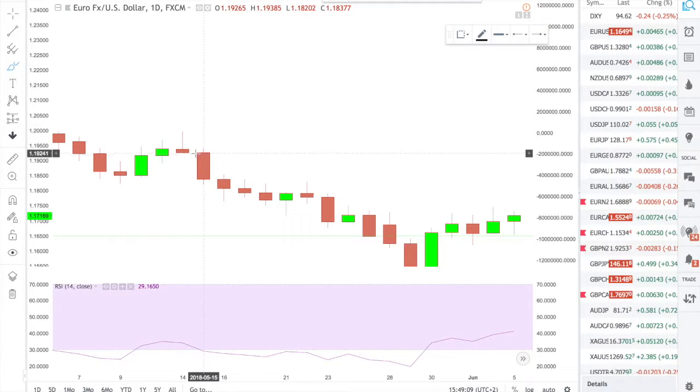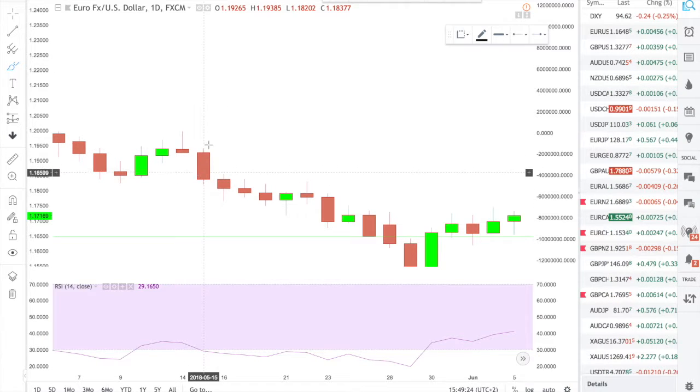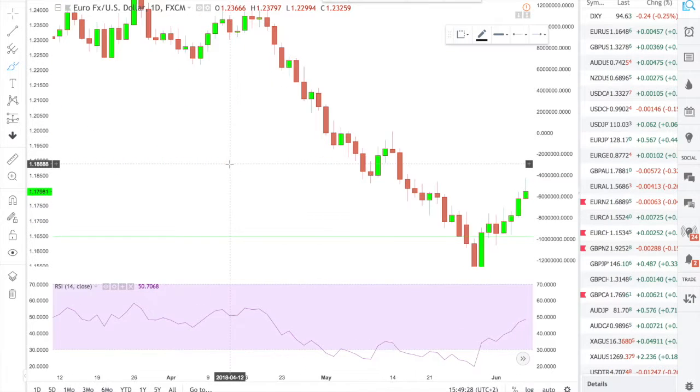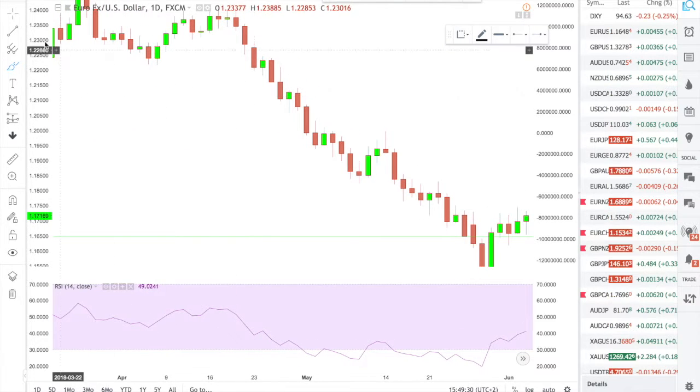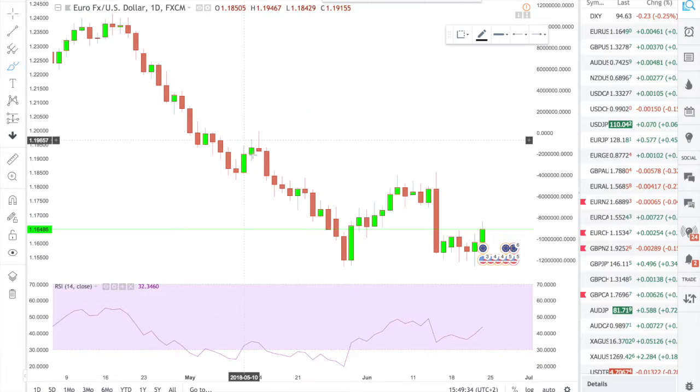And if you see the red candle, price started at this point, and at the end of the day it closed here. The wicks tell us where price was in between. This is how to read candles in general, what a candle stands for.